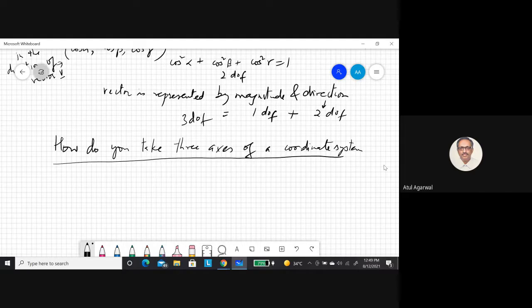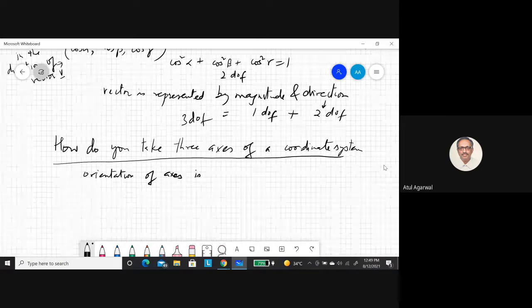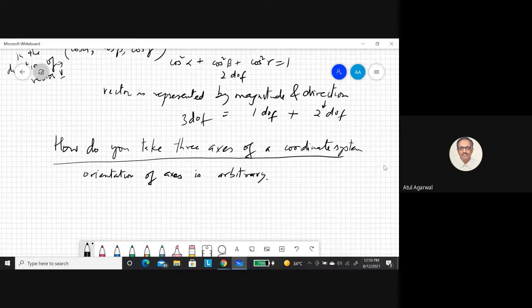Look, the orientation of your coordinate system axes is arbitrary. Only thing you have to ensure is that they are perpendicular to each other.